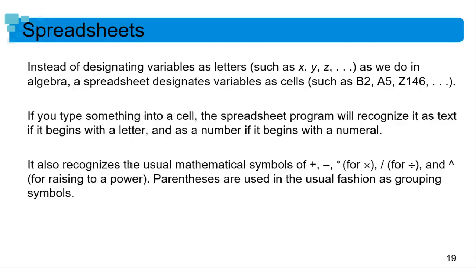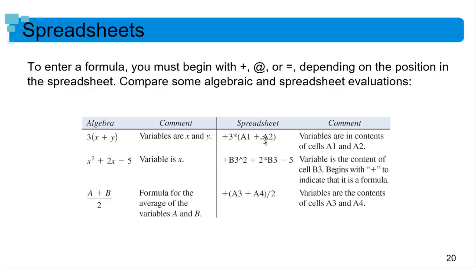The other nice thing about spreadsheets is it recognizes all of the basic operations. You can add, subtract, multiply, divide, and raise to powers. Now, this example that we're going to see in this spreadsheet uses pluses at the beginning of every formula to designate that this is a formula. If you're using Google Sheets or Excel, instead of a plus, you would put an equal sign.